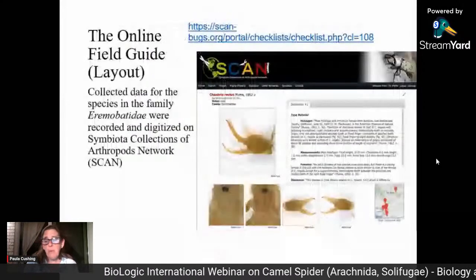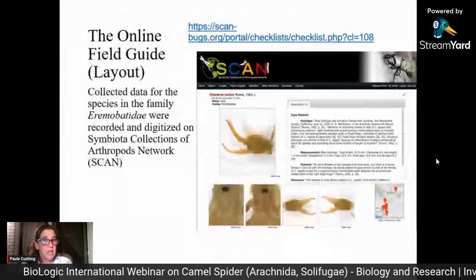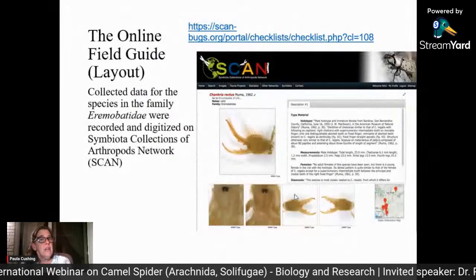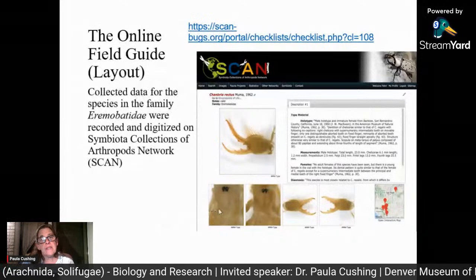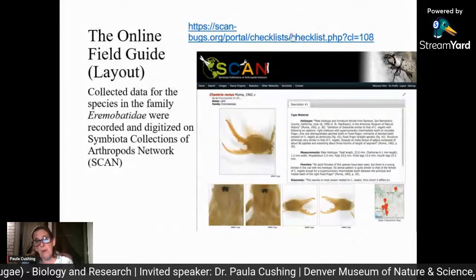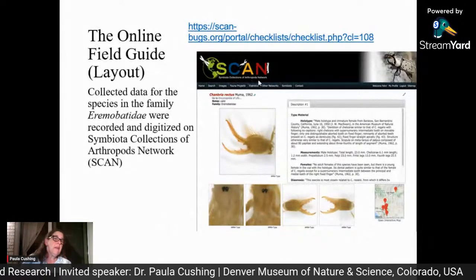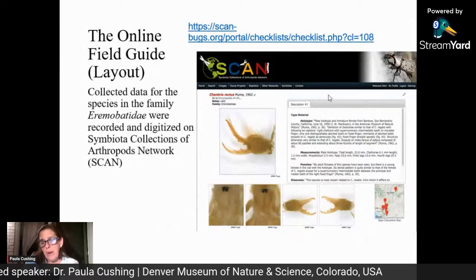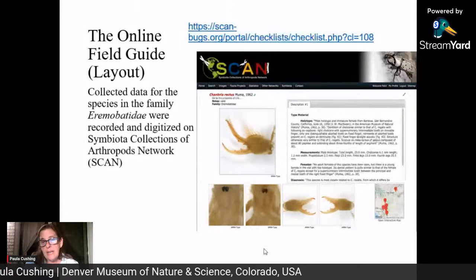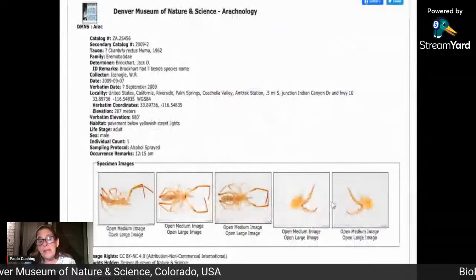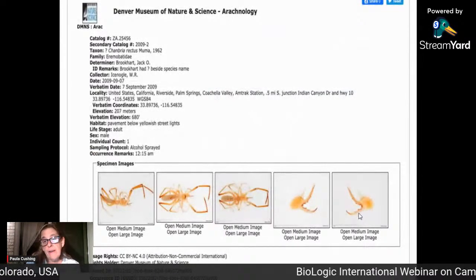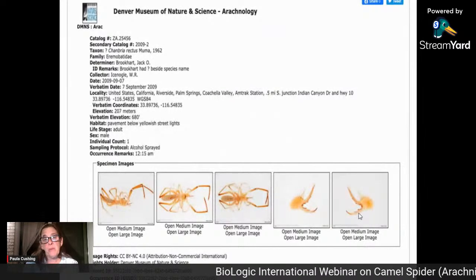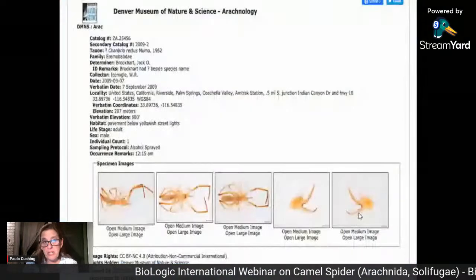And in my lab, we're starting to develop an online field guide to the species within the family Ammotrechidae. And this online field guide is available through the SCAN Symbiota database. We are providing diagnostic images that you would need to see in order to identify solifugids within the family down to species.